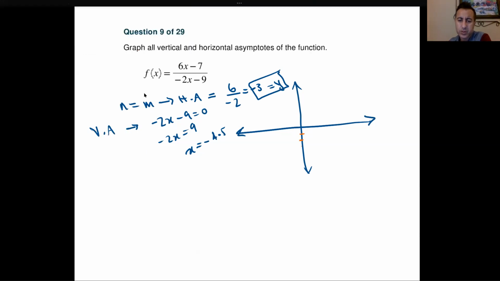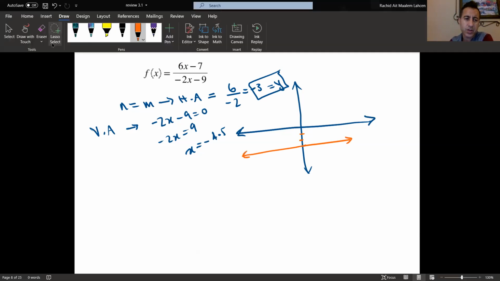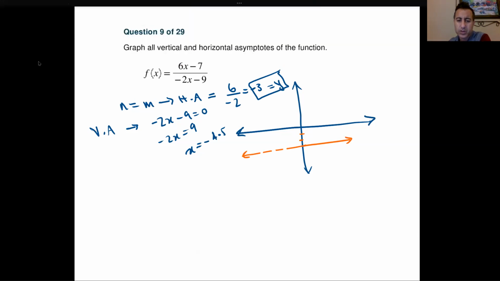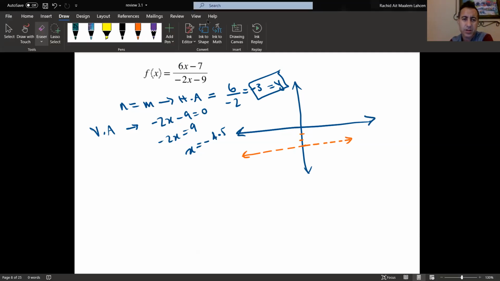So if this is 1, 2, and 3, something like this. If you ask why we each time draw them as dashed lines, it's because they're not part of the function, all right?